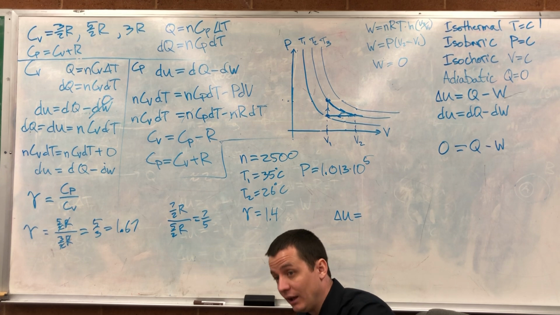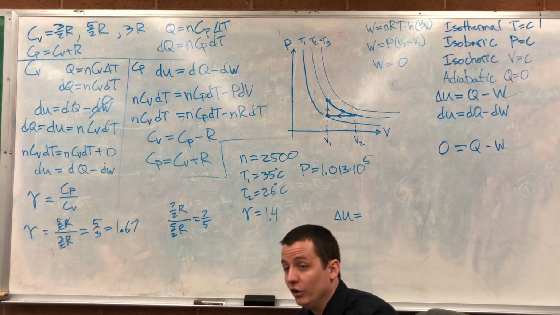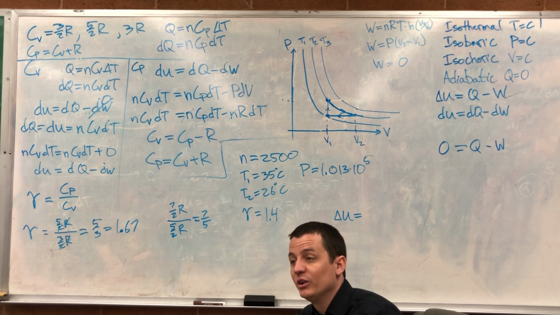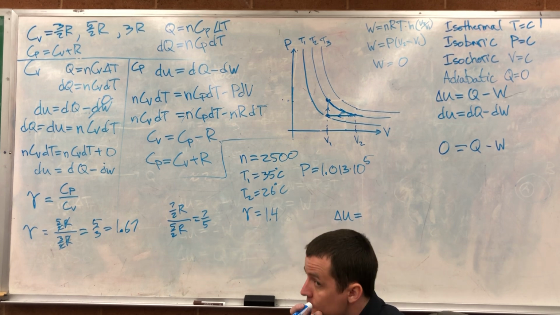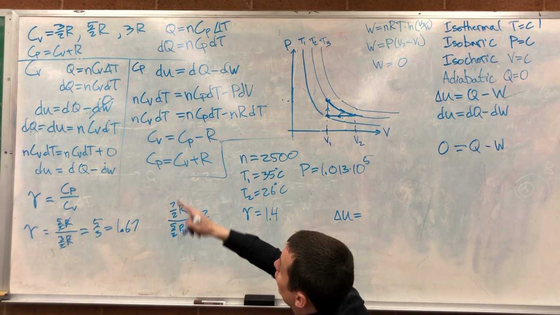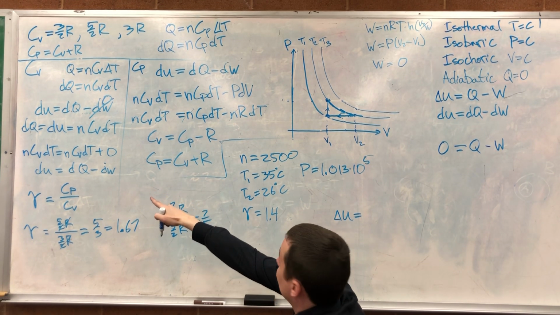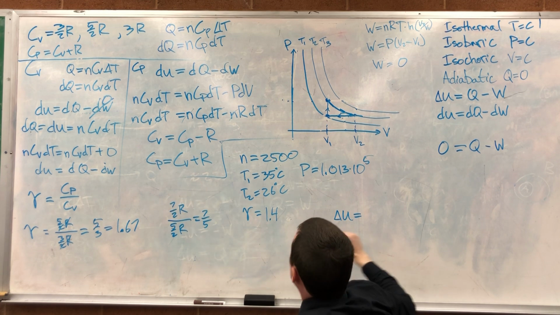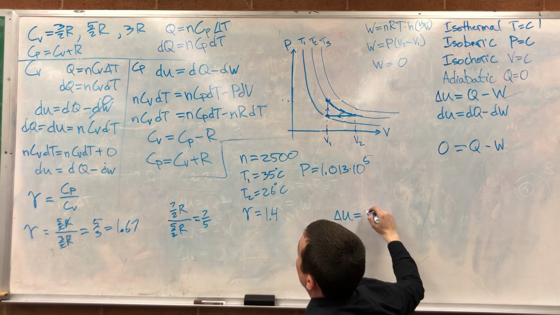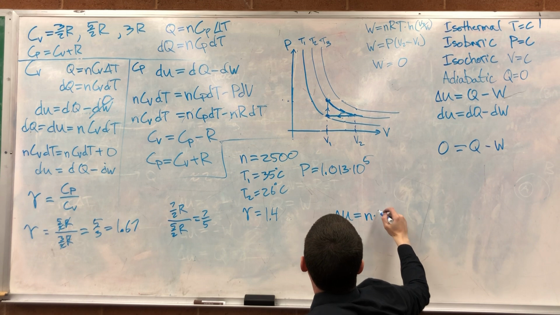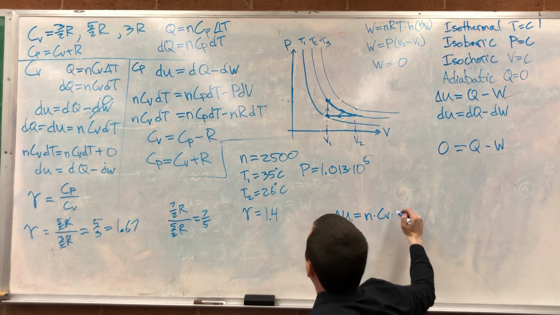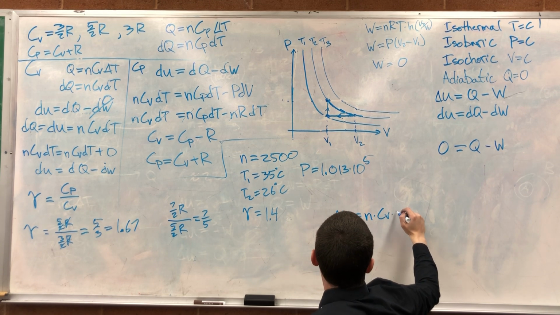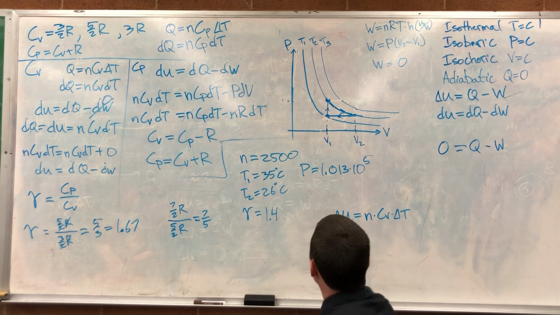The amount of air in our room isn't changing. If it's constant volume, then there's no work, so our change in U is just going to be Q, which is N times CV times our change in temperature, delta T.